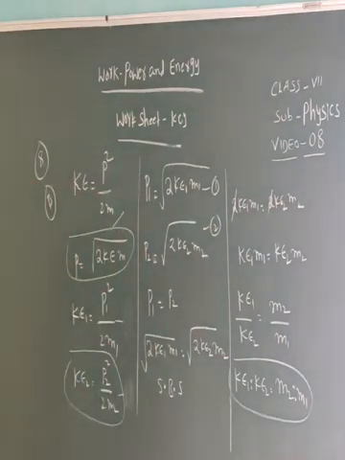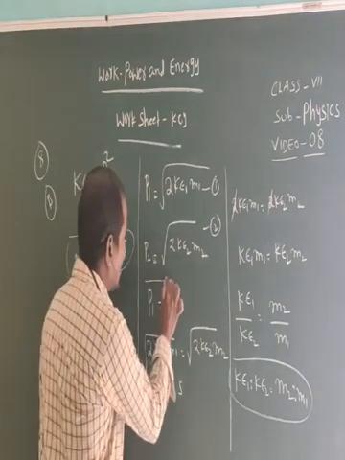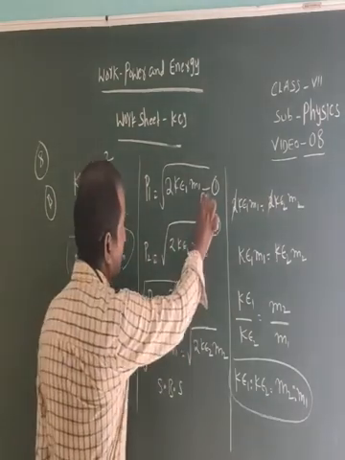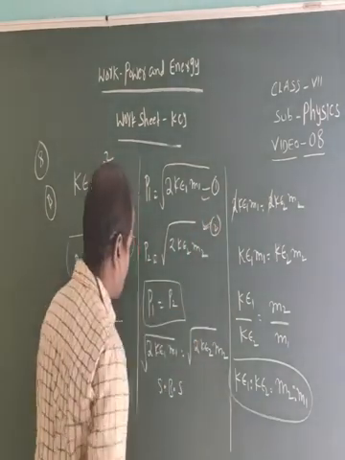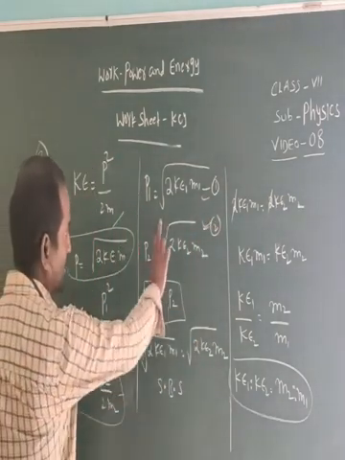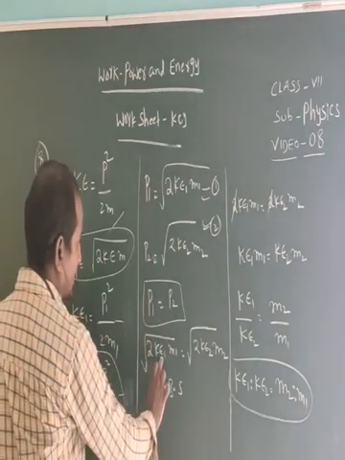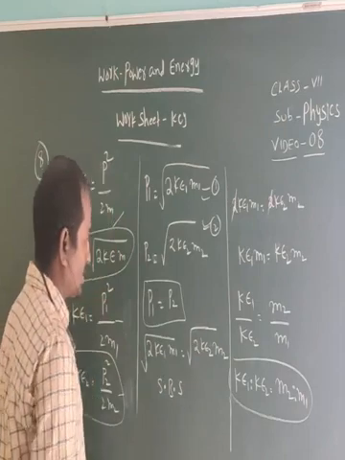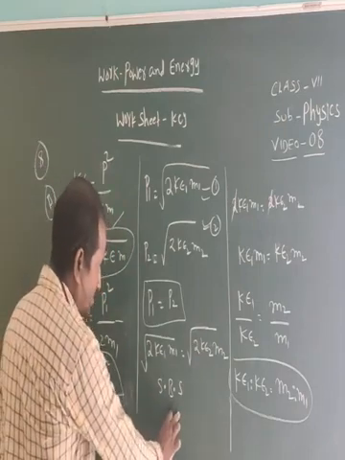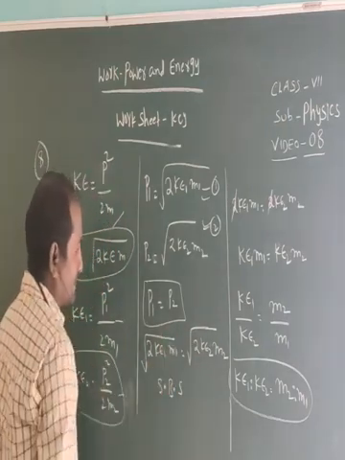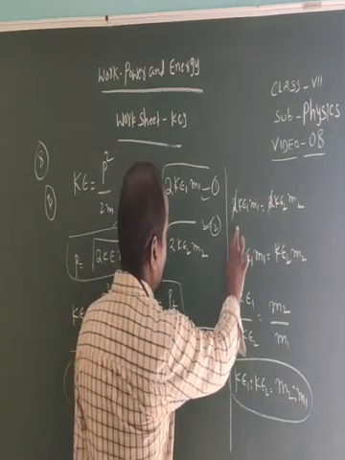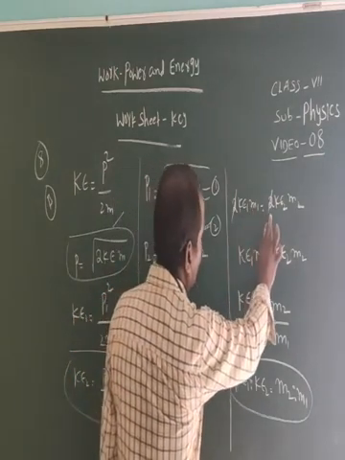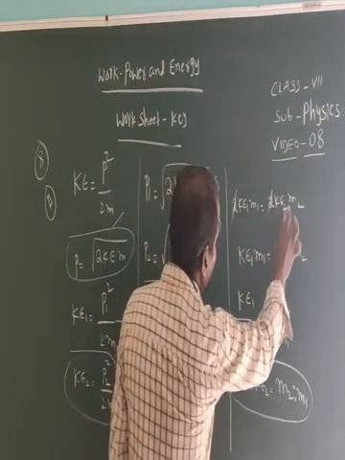So the given data is that momentum is equal. That means equation number 1 is equal to equation number 2, that is root of 2K1 m1 equals root of 2K2 m2. Now square on both sides, then the root gets cancelled. Remaining 2K1 m1 equals 2 K2 m2.